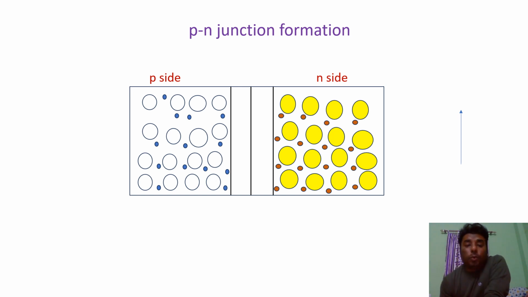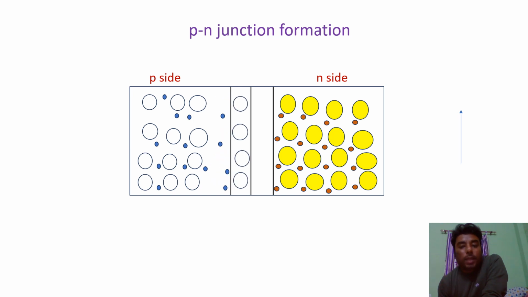When this junction is formed, the P-type and N-type materials are fused together. At first some electrons will come from left to right like this. Similarly, holes will come to the junction towards this side.